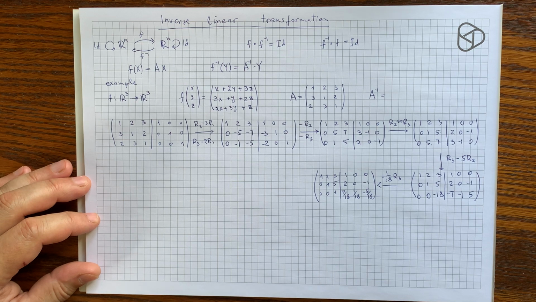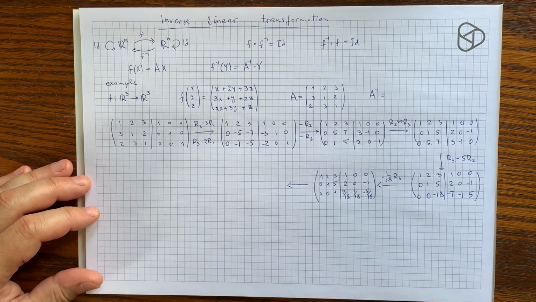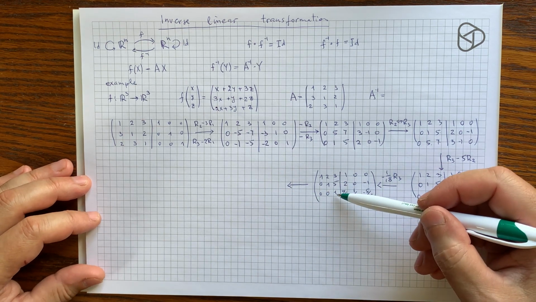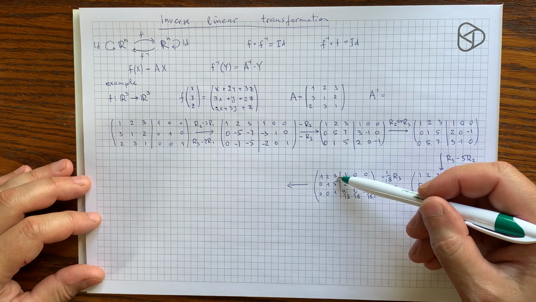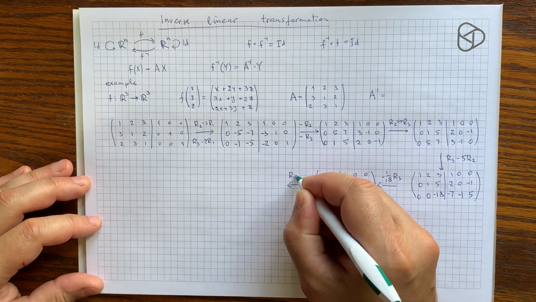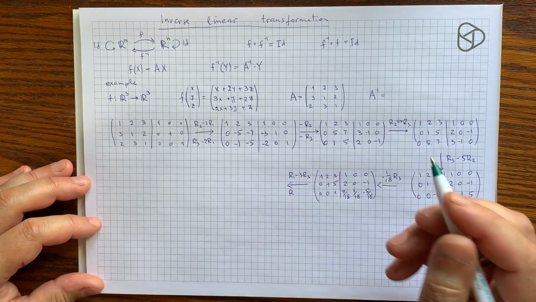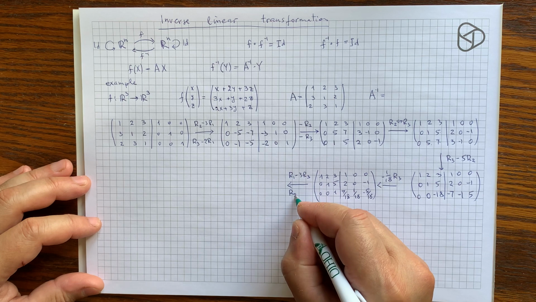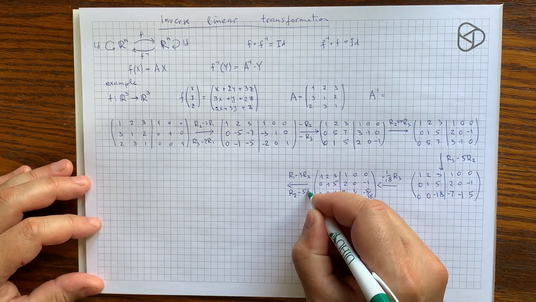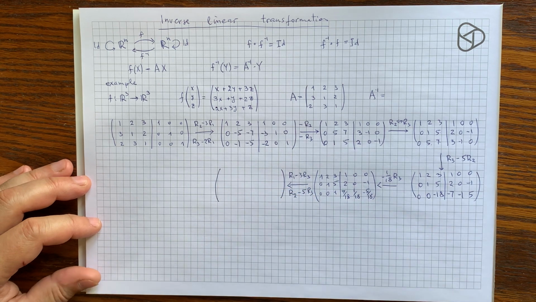Now we're ready to reduce this row echelon form to the identity matrix in the first half. The first reduction run will be just getting rid of 5 and 3 using row subtractions. Row 1 minus 3 row 3, and in parallel row 2 minus 5 row 3 are the transformations we need to do.